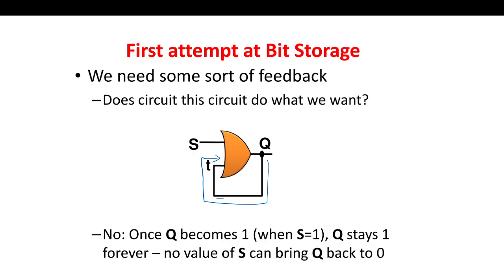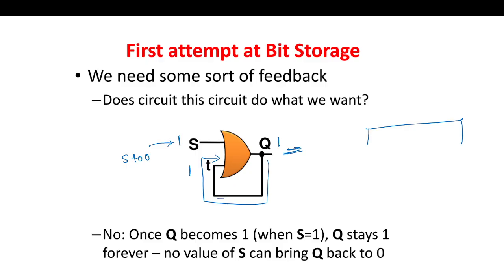So, for example, if we have a 1 here, the output is 1. Again, this input is 1. So, if we change this S to 0 also, we cannot change this value. We apply S to some value when we power on, and it gets to a stable state.